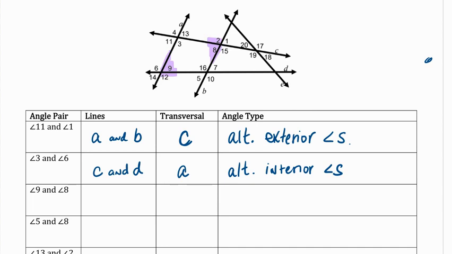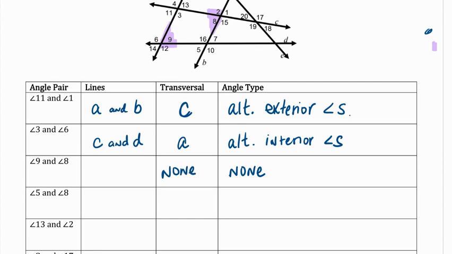There's no line that they both touch. So 9 and 8 do not have a transversal. Keeps wanting me to write in the highlighter there. So those actually have none, and they don't have an angle type. If they're not on a transversal, then they're not one of our special angle types.